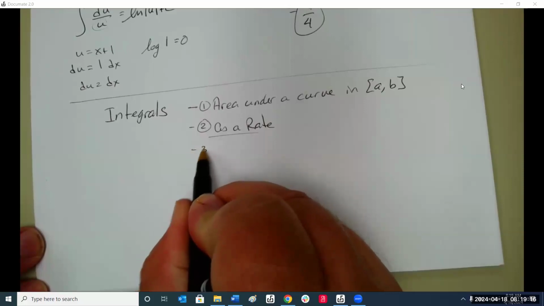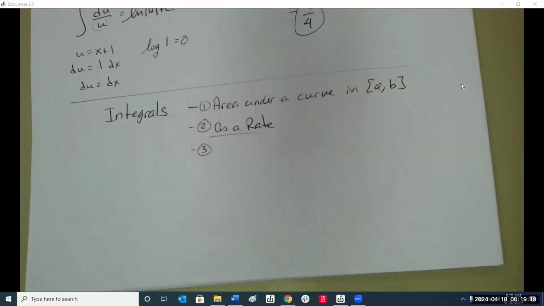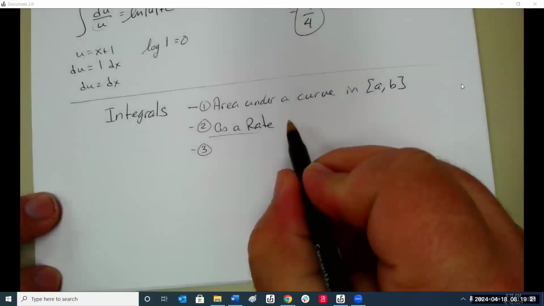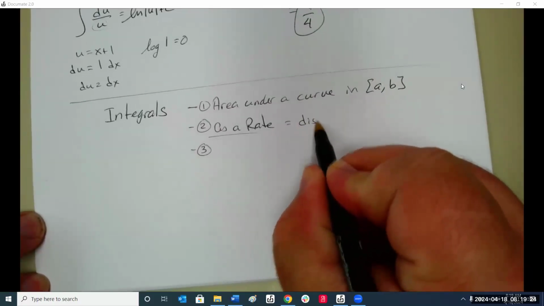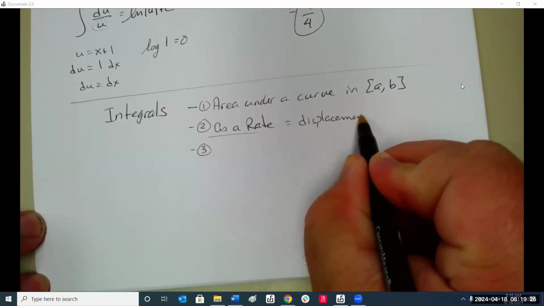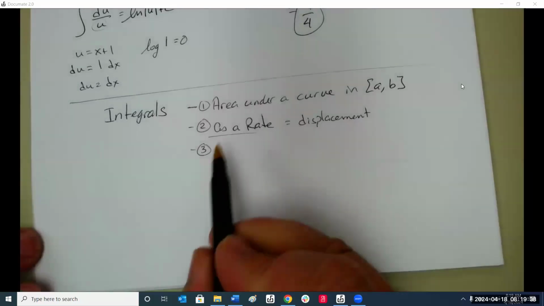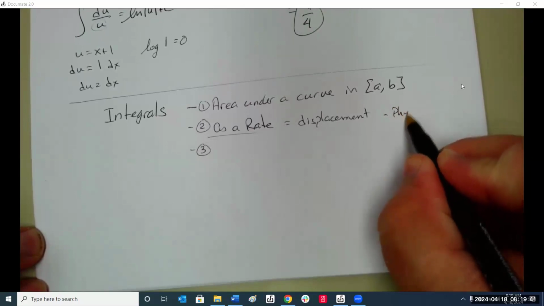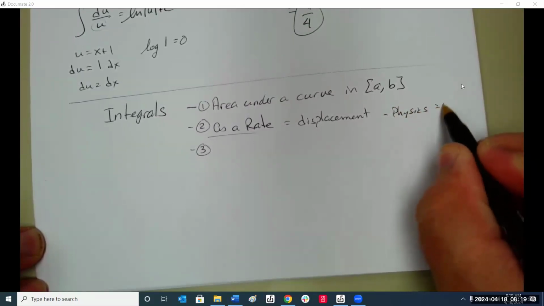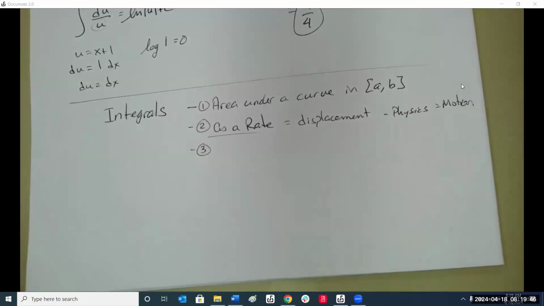And another one is what? When we talk about this, we're talking about a displacement. And this is like in physics, motion problems. A car moving on a street, a rocket shooting up, a rock falling.